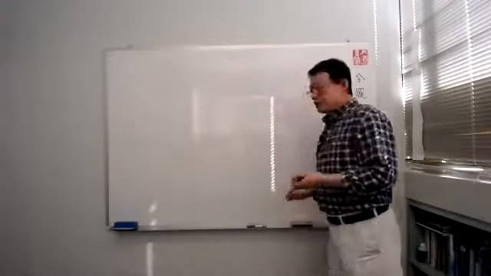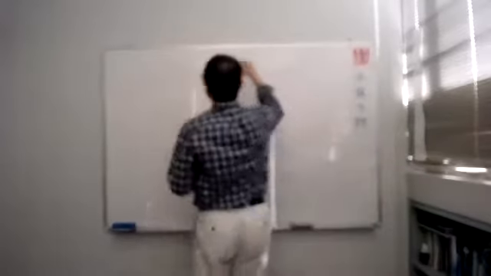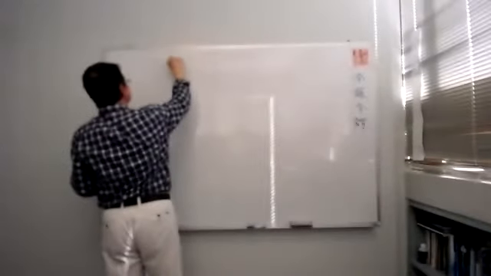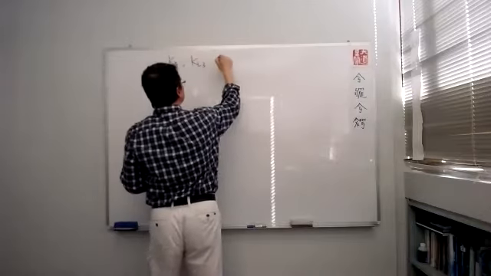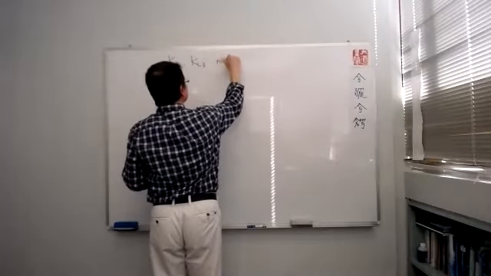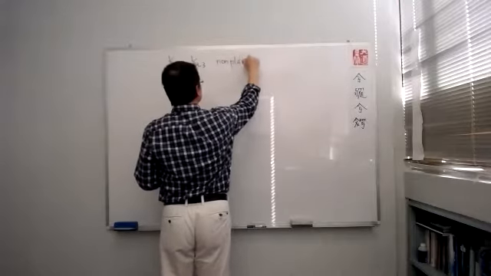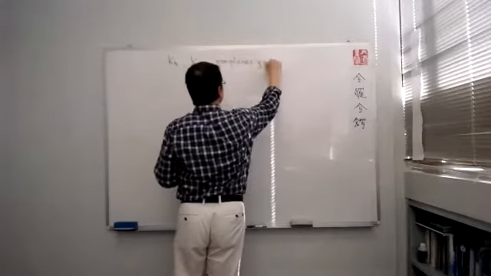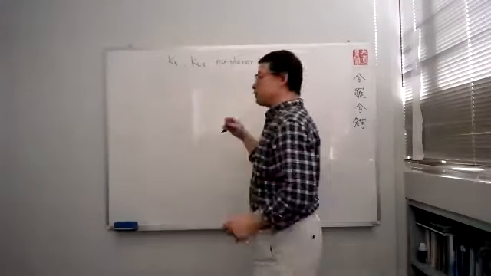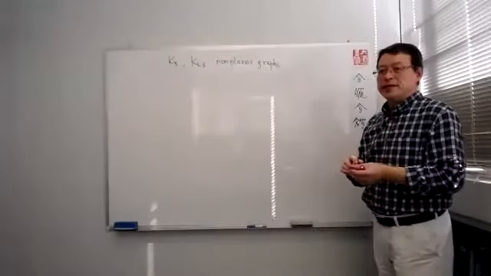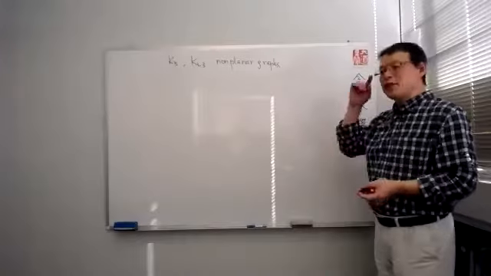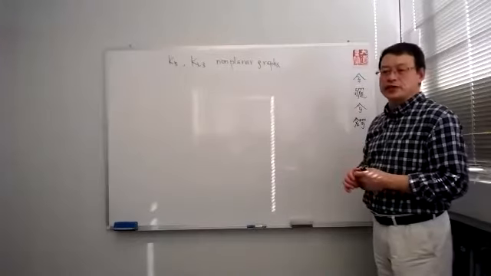So how can we show that K5 and these two graphs are not planar graphs? Of course, we can use topology concepts, an actual embedding. But the easier way is actually to count the number of edges. These two graphs have too many edges.